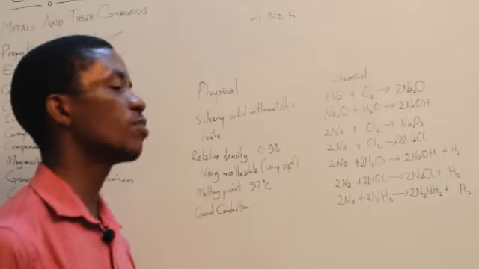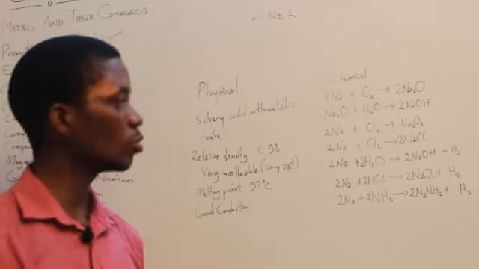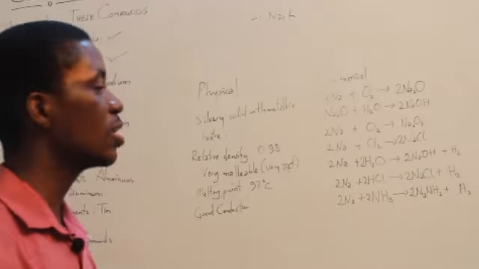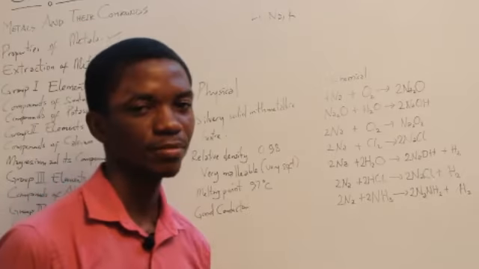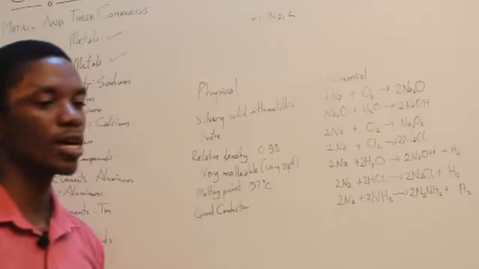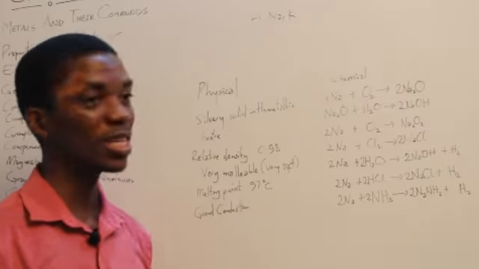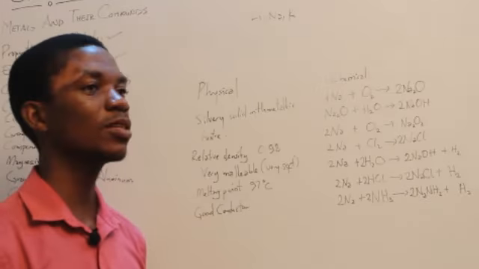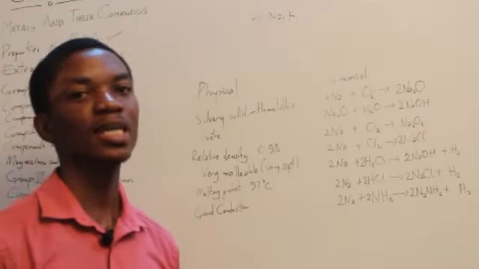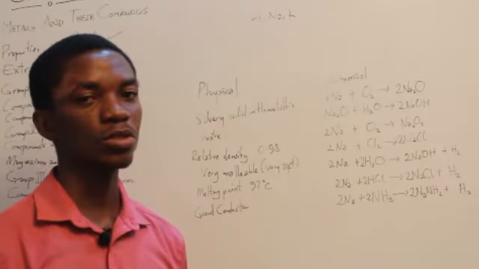But also, if you burn sodium in the presence of excess air, you would produce what is known as sodium peroxide. Apart from oxygen reactions, sodium also reacts with other compounds, especially non-metals, though metals and non-metals alike, in addition reactions.